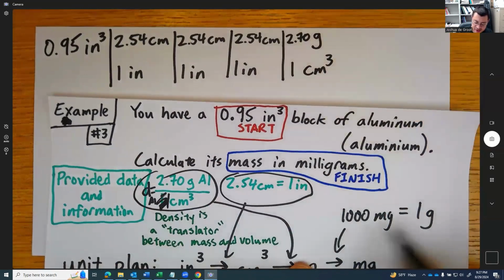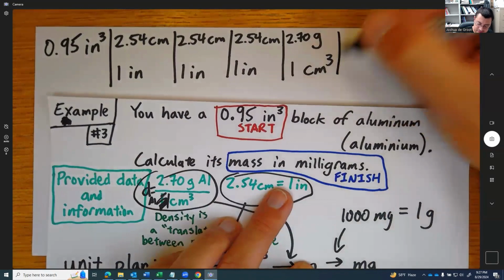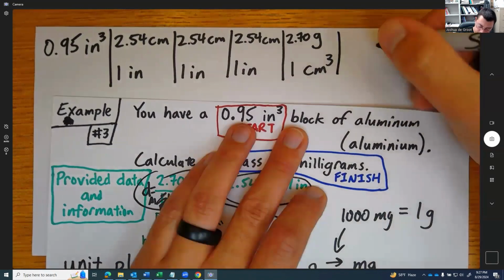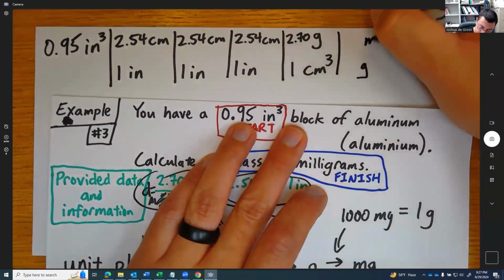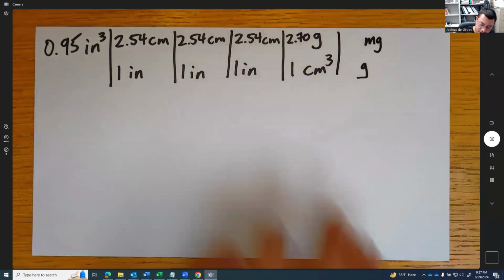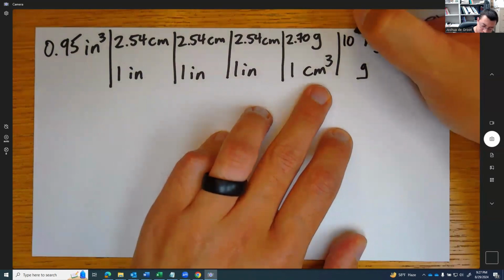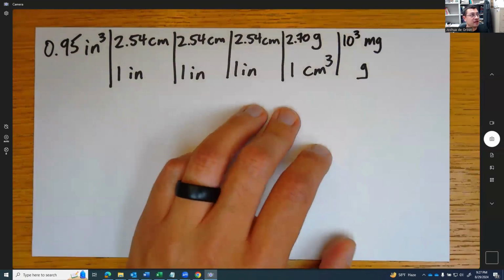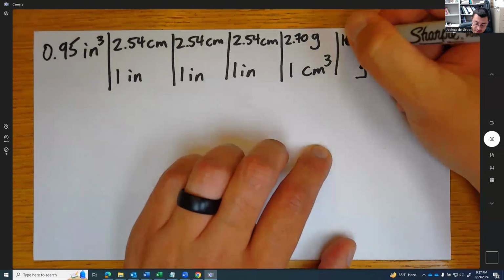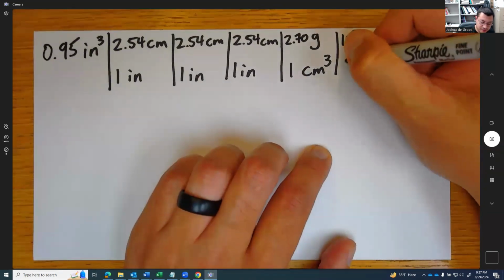All right, and then lastly, now that I'm going to be in grams, I can use this piece of information again, the milligrams. Right, and we have 1,000. I'm running out of space. I'm just going to use the power of 10, 10 to the third power milligrams for 1 gram.